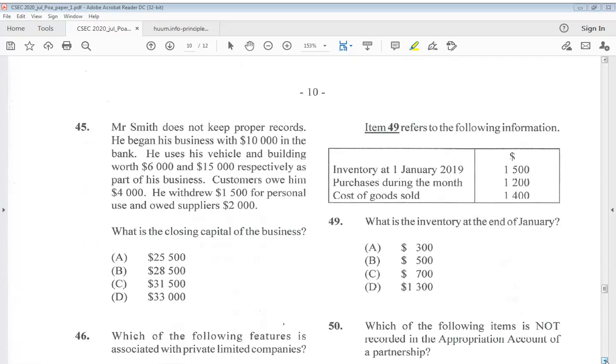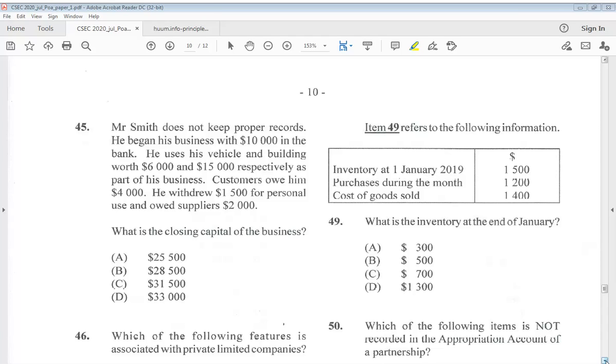Mr. Smith does not keep proper records. He began his business with $10,000 in the bank. He uses his vehicle and building worth $6,000 and $15,000 respectively as part of his business. Customers owe him $4,000. He withdrew $1,500 for personal use and owed suppliers $2,000.